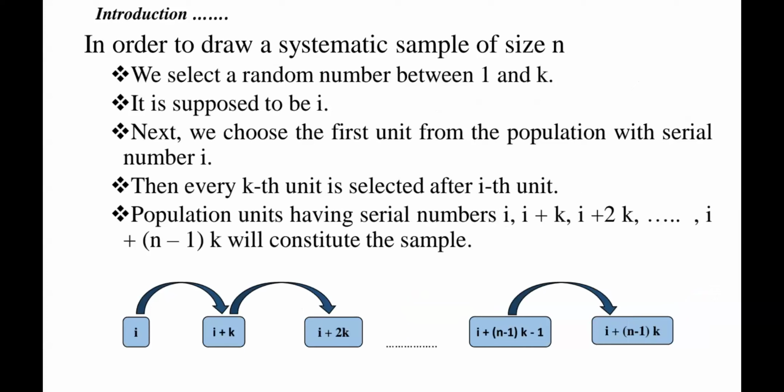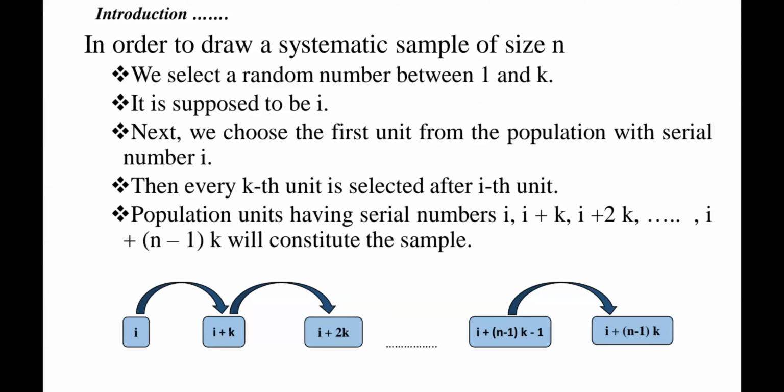If we want to have a systematic sample of size small n, we follow these steps. At first, a random number is chosen between 1 and k, where k means the sampling interval. We denote this random number by i.